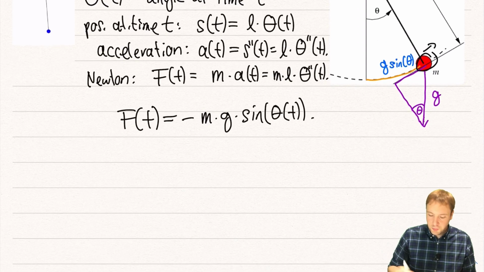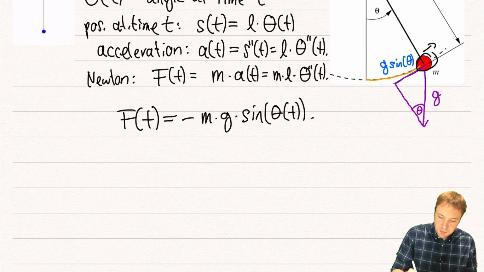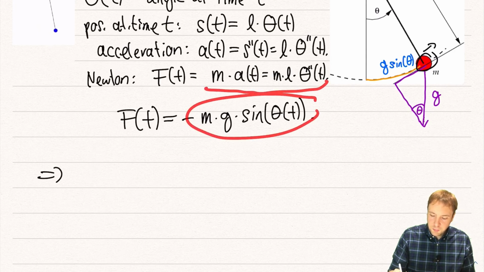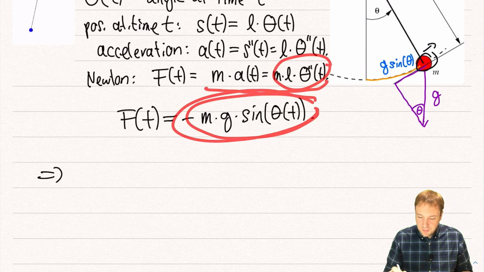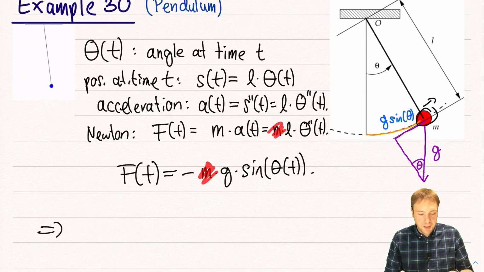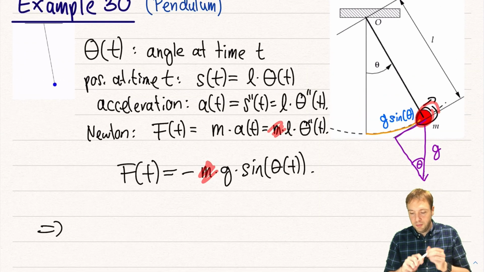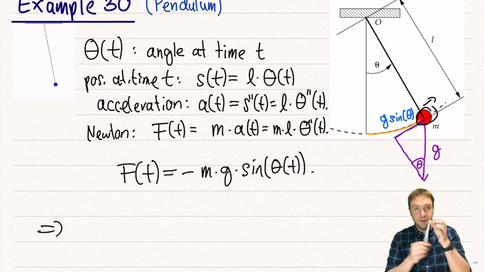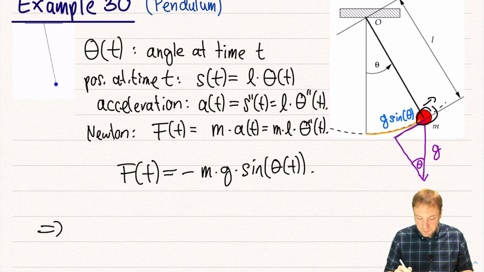Okay, so in total, equating these two things, we see that this equals this. So first of all, we can divide out the m. So in other words, this angle doesn't really depend on the mass. If you put 100 kilograms there or 10 kilograms, it doesn't really change the movement.